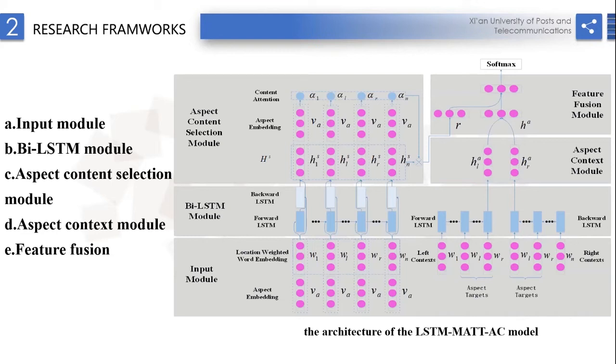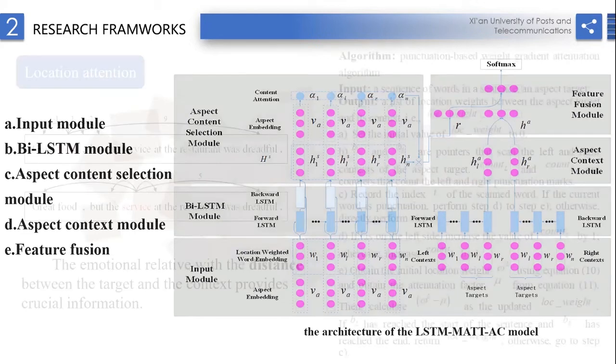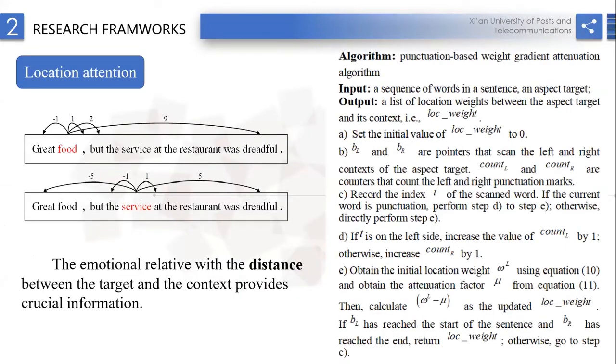The framework introduces a multiple attention combined mechanism, which consists of 3 parts: location attention, content attention, and class attention. The location attention mainly focuses on the relative location information between the aspect target and their context.